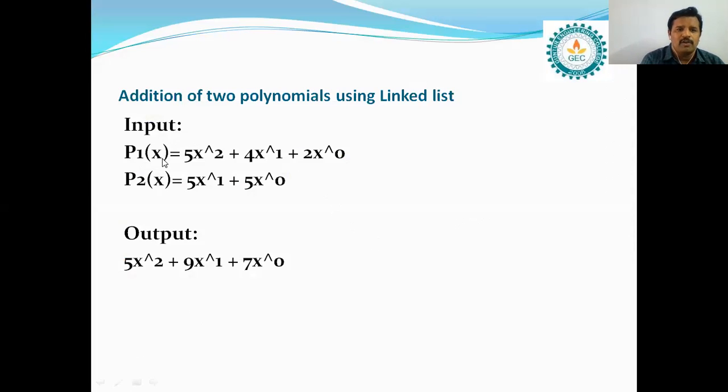Here, this is the first polynomial, that is 5x square plus 4x power 1 plus 2x power 0. And the second polynomial is 5x power 1 plus 5x power 0. Right. How can we add the two polynomials? If the polynomial exponents are the same in both the expressions, then we have to add the coefficients, right?